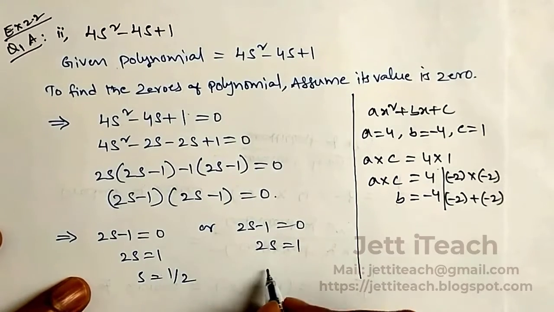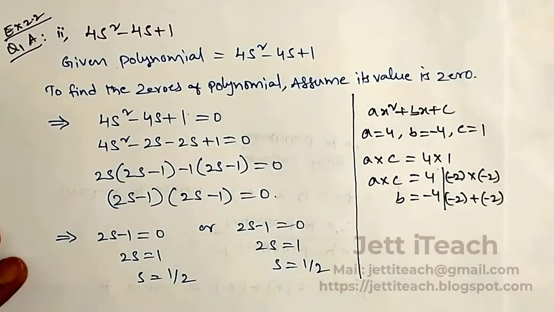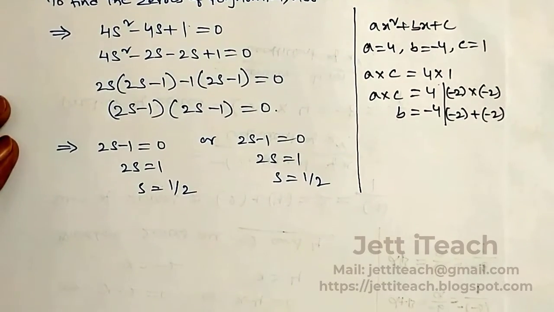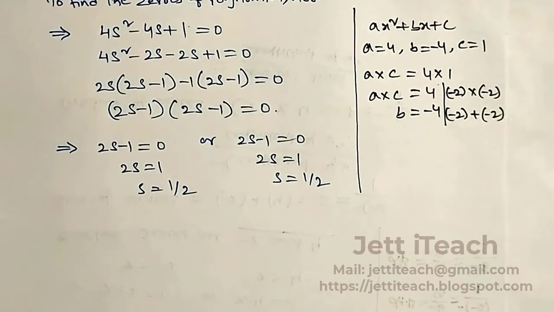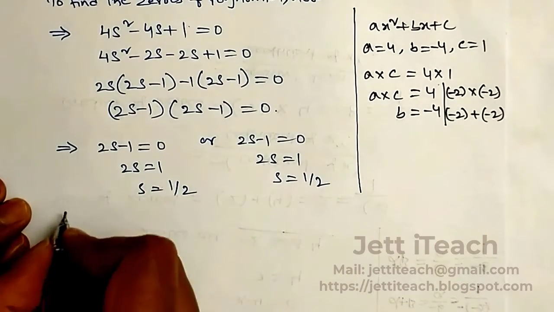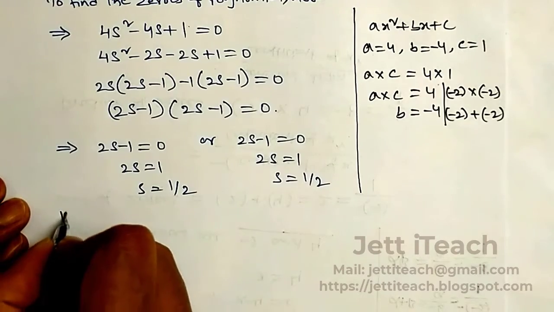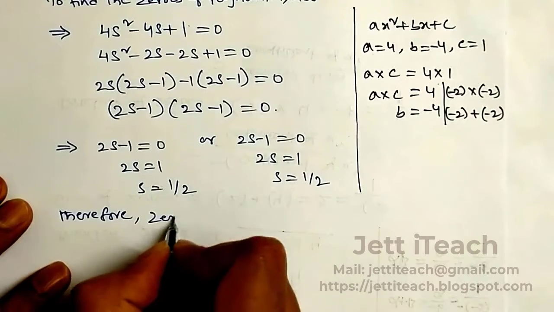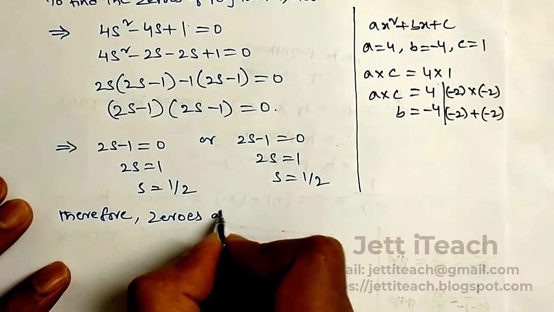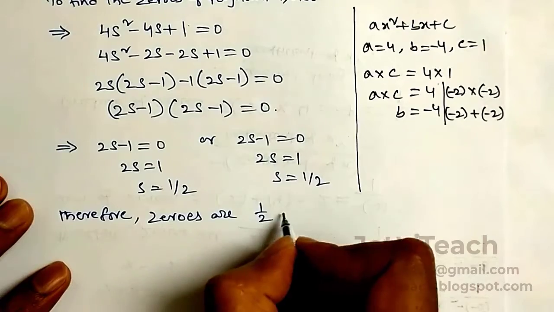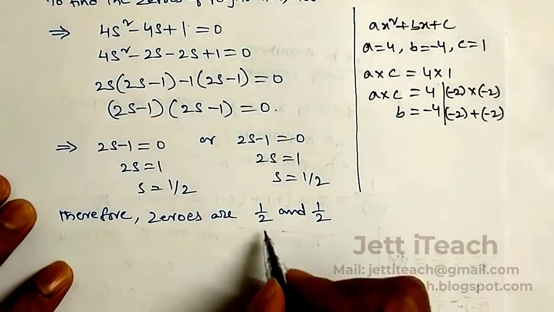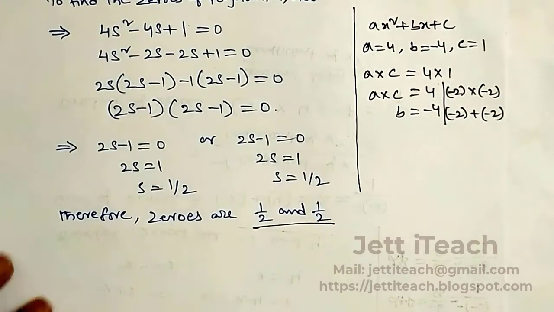S is 1 by 2, here s is 1 by 2. Now I am writing the zeros. Therefore, zeros are 1 by 2 and 1 by 2. Okay, we have two equal zeros, both are same.